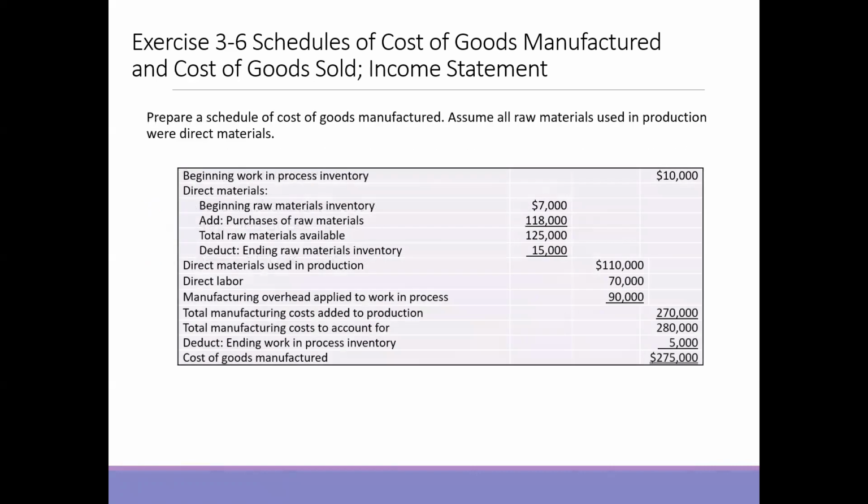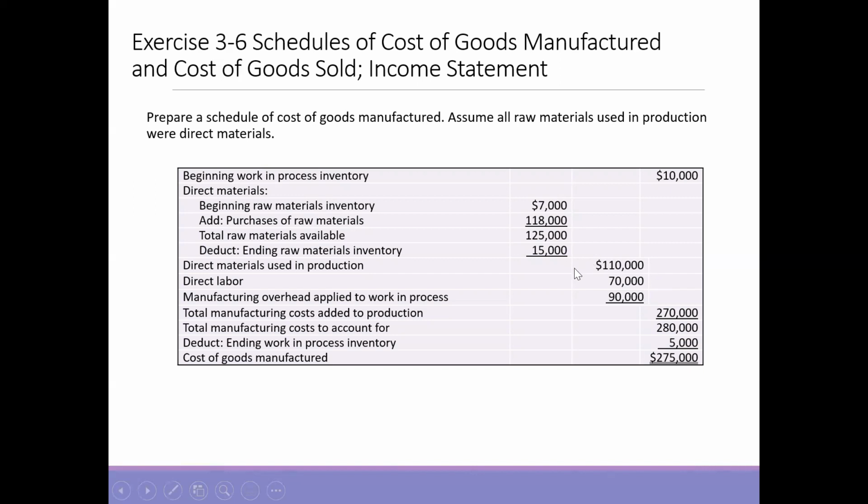So to prepare the cost of goods manufactured, we start with our beginning work in process inventory. We add to it the direct materials. The way we figure those direct materials, we take our beginning raw inventory, add our purchases, subtract the ending inventory of raw materials to get what got put into production.